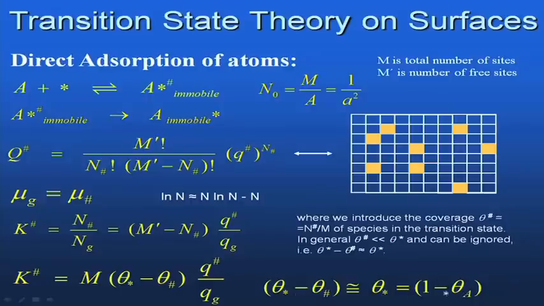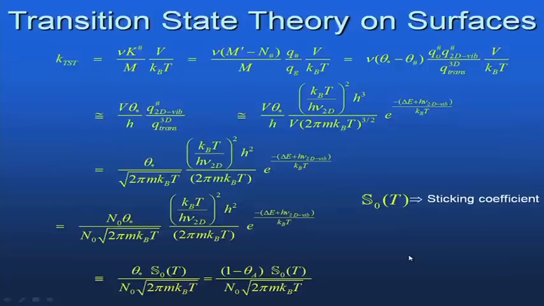That is the fraction that is in this state. So, your rate after transition state theory is nu times your equilibrium constant divided by, into V by kT, because it comes from your PA factor.